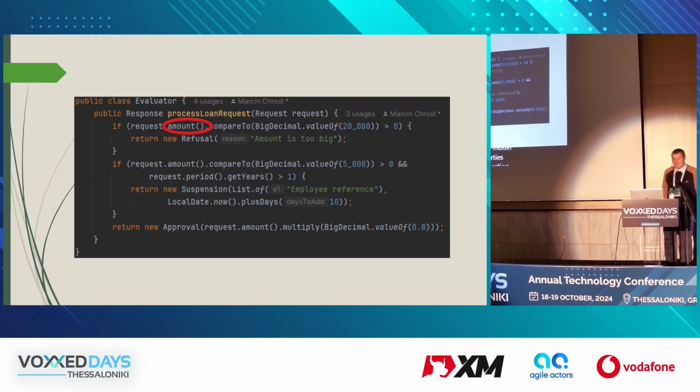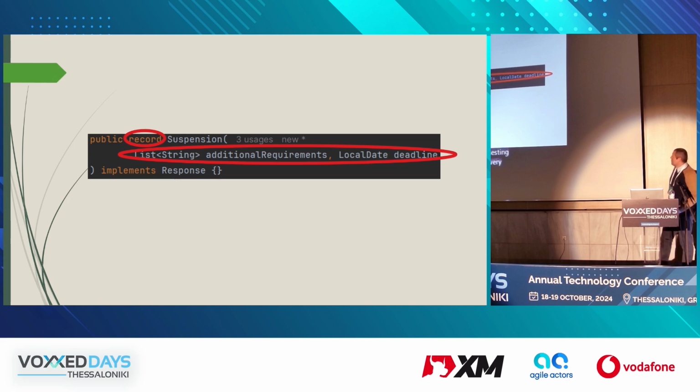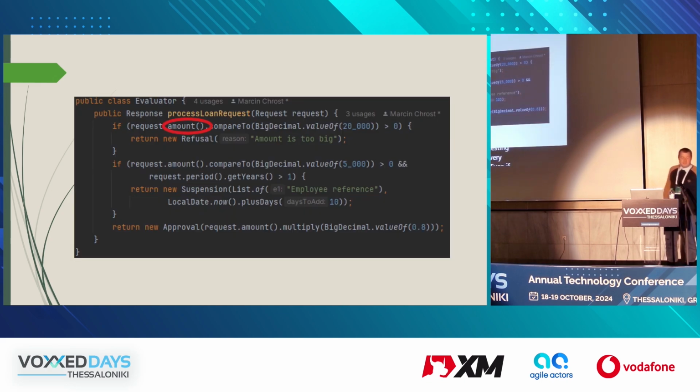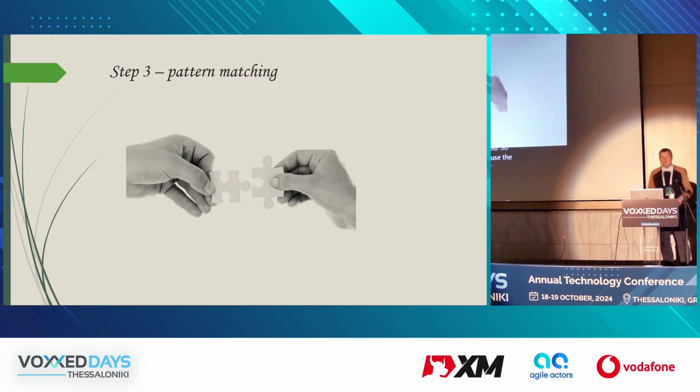Okay, but still, even with the nicest instanceof casts and so on, the code still doesn't look good. So let's go one step further, because the most annoying thing was this ugly else-if syntax. So let's go to pattern matching.